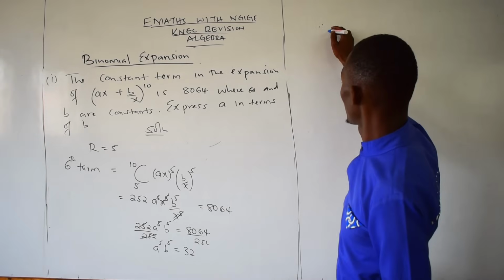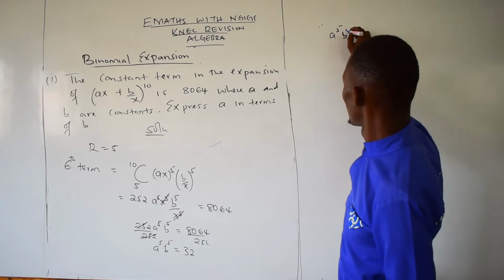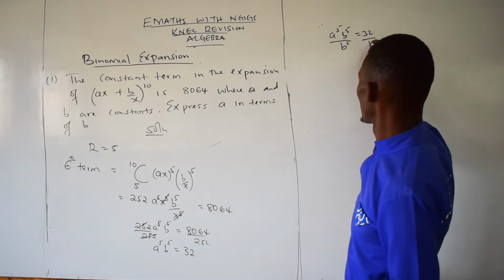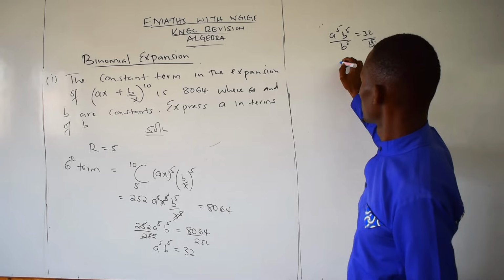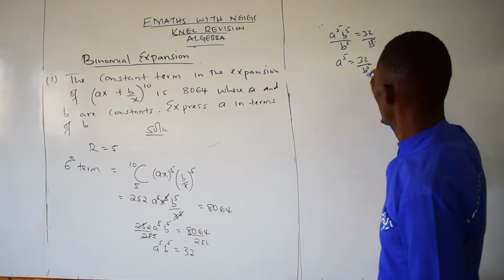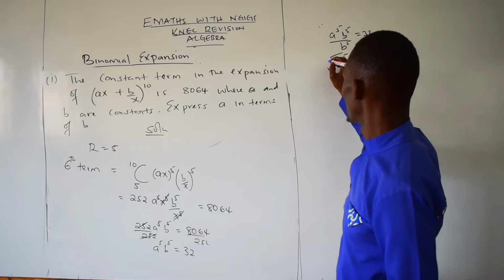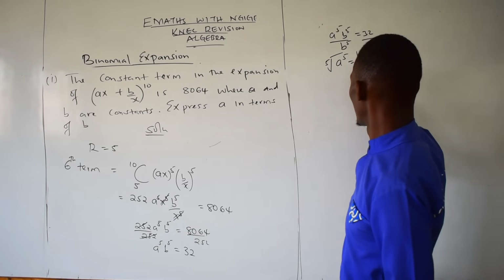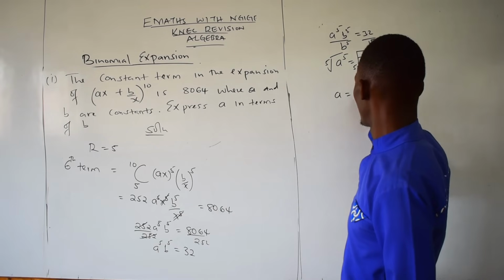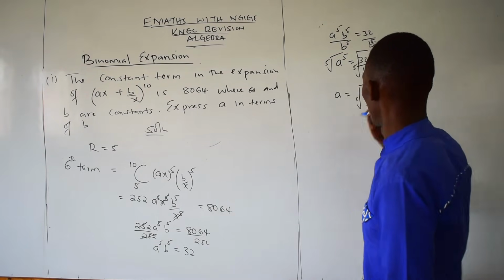So a to power 5 b to power 5 equals 32. We divide all through by b to power 5, so we have a to power 5 equals 32 over b to power 5. Now we want to remain with a on this side, so we get the 5th root on that side, and the 5th root on this side. So we have a equals the 5th root of 32 over b to power 5.